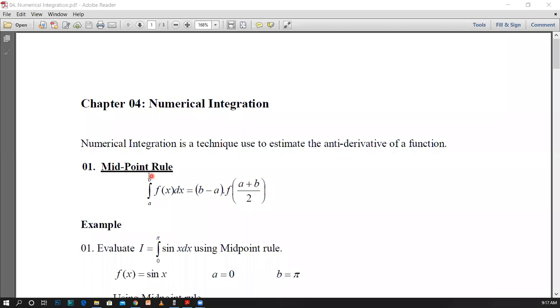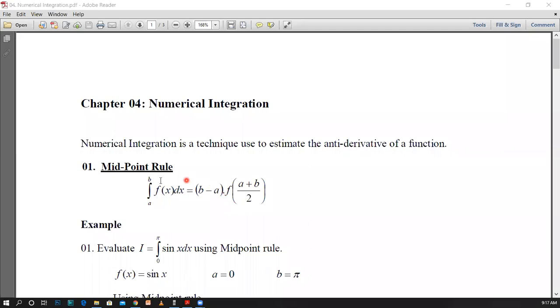Therefore, to get high accuracy and precise values, the range should be much closer together. It means the range should be small. For small ranges, we can have very good results using these numerical integration techniques.